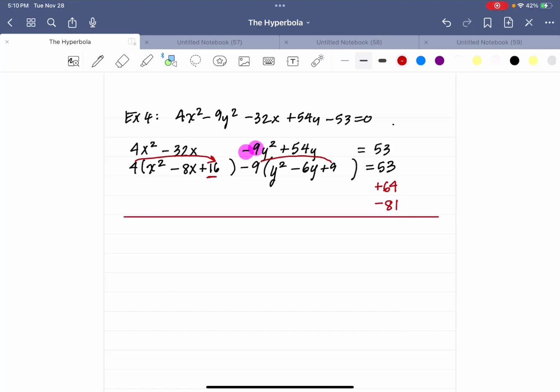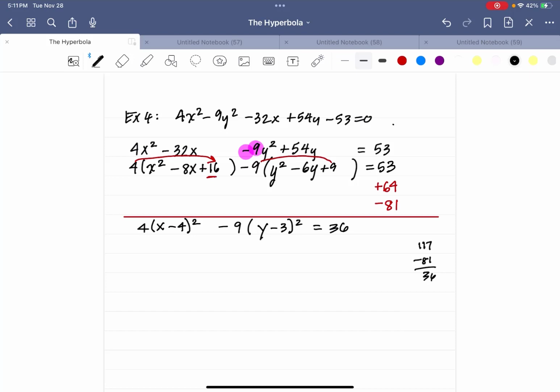So now I can write this as 4 times x minus 4 squared minus 9 times y minus 3 squared equals, and then I'll just add that 117 minus 81 is a 36. So here I have a 36.